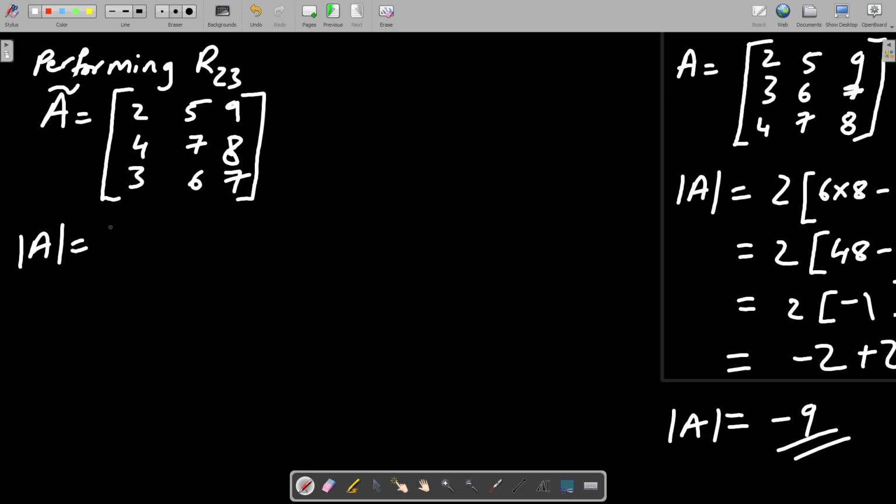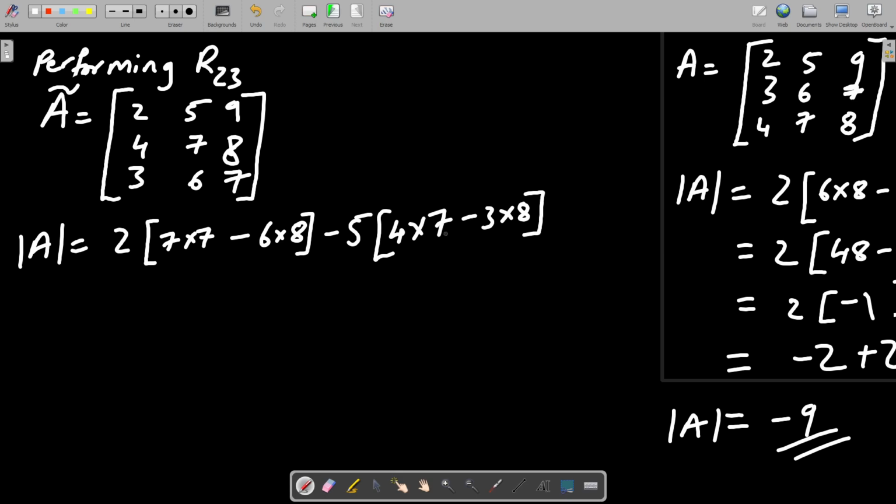This will become 2 into (7 into 7 minus 6 into 8), next minus 5 into (4 into 7 minus 3 into 8).